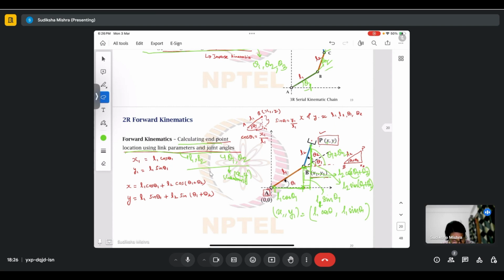So x is L1 cos theta 1 plus L2 cos of theta 1 plus theta 2. Coming to y, it is L1 sin theta 1 plus L2 sin of theta 1 plus theta 2. So this is your x, y coordinate.